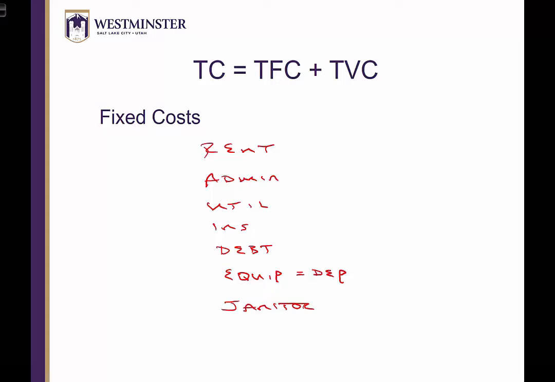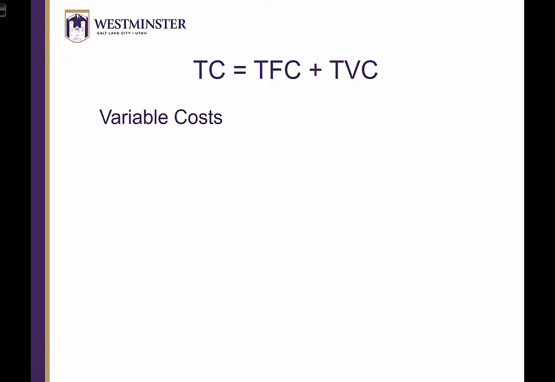So again, fixed costs are those costs that we bear in an operation that have nothing to do with the number of units that we're producing or selling. Well, that would then suggest that variable costs are only those costs that have to do with selling and producing. So maybe we're going to have to think about raw materials.